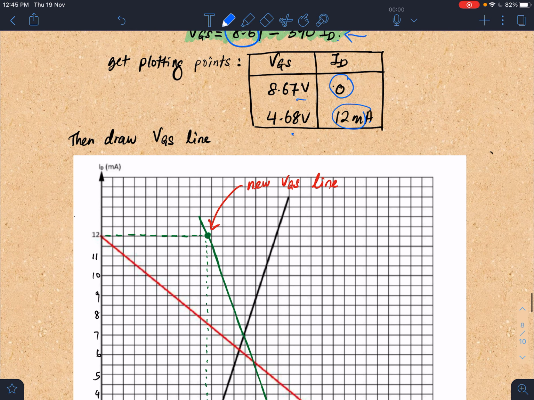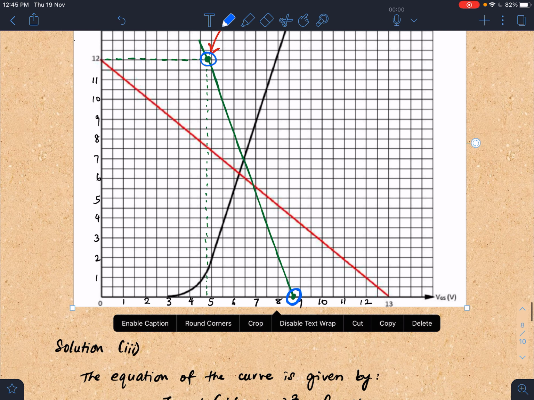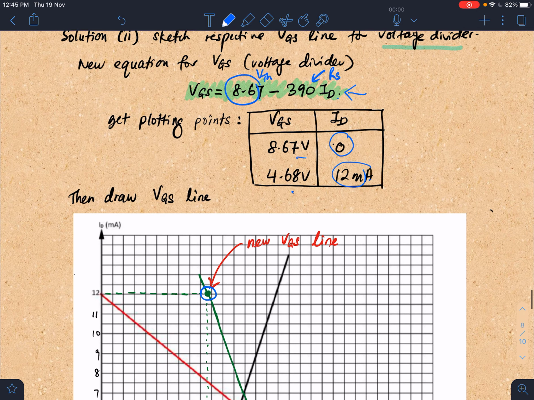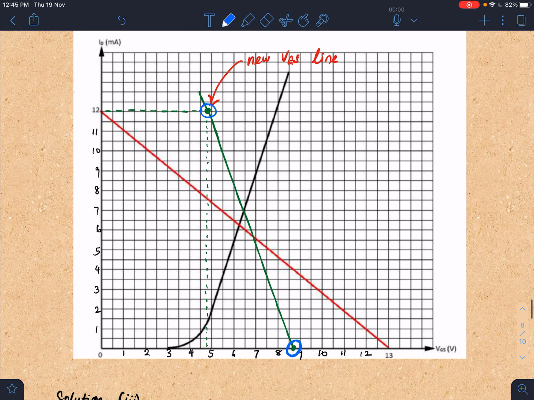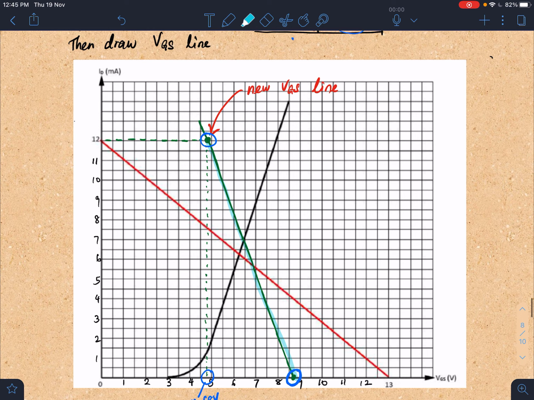For the second point, I choose ID equal to 12 milliampere and the VGS is around 4.68 volt. So these are the two points. Then I draw a line, the green line here. This is the new line for the voltage divider.